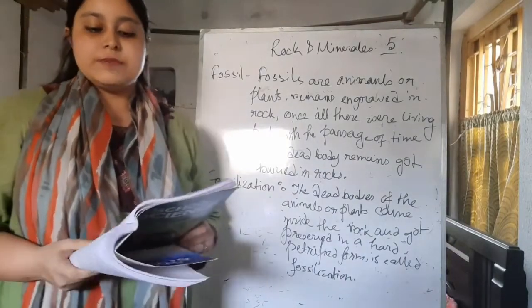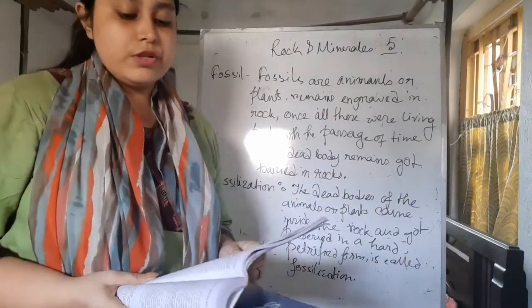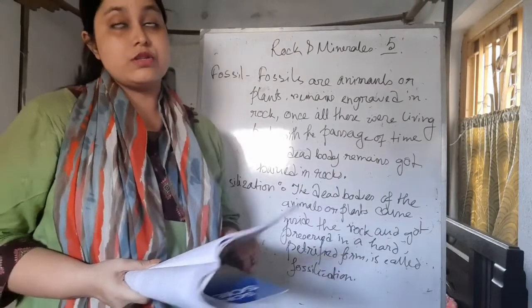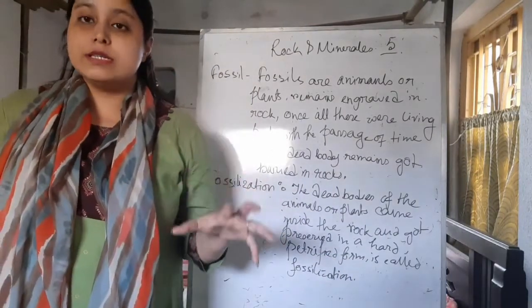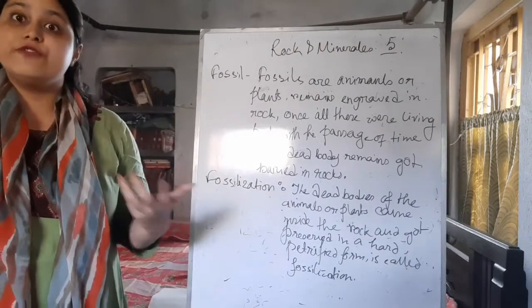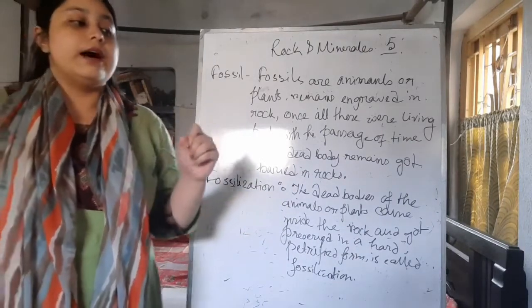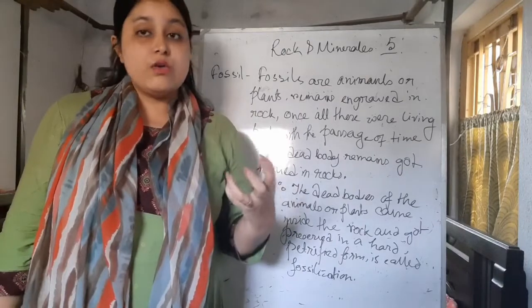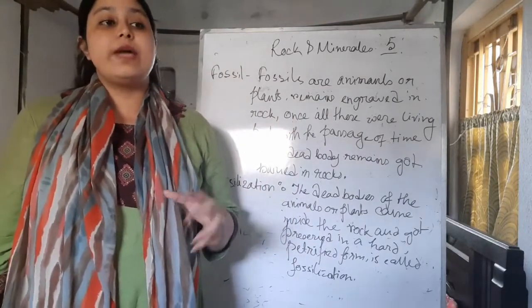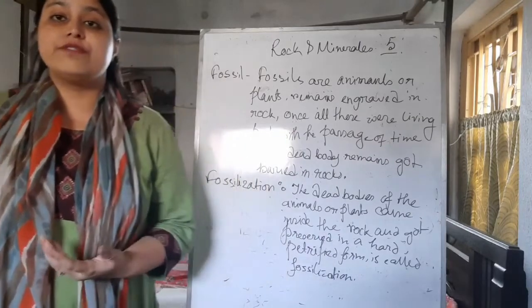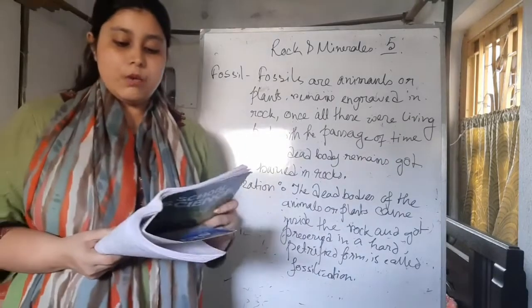Fossils found in sedimentary rocks act as useful tools for dating the rocks. So it is a very important part: according to the fossil, when it got embedded, if we can count that time, then we can also learn when the sedimentation of the rocks happened. Okay.